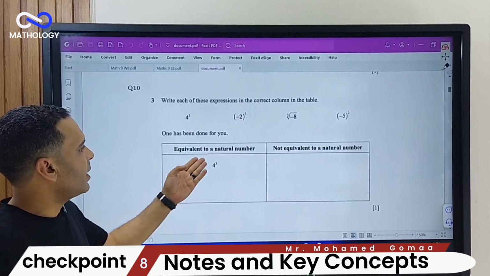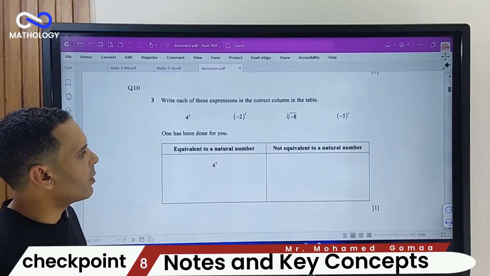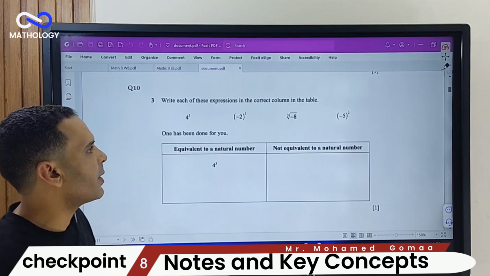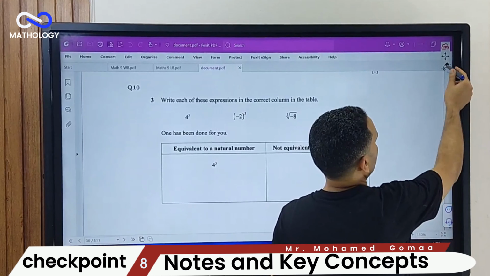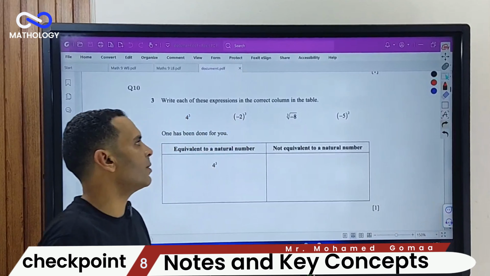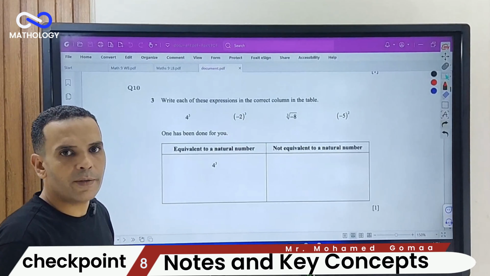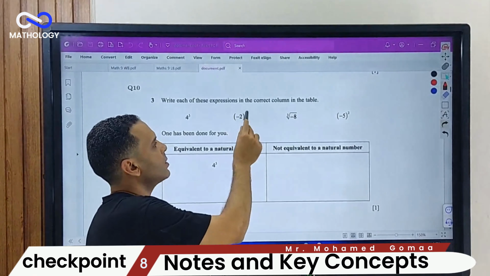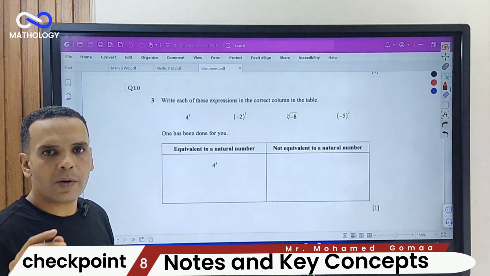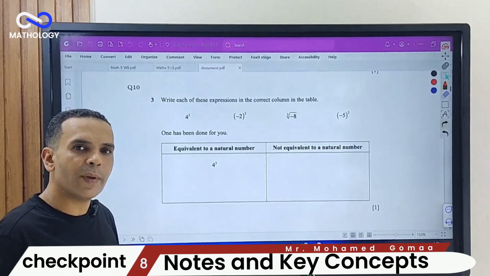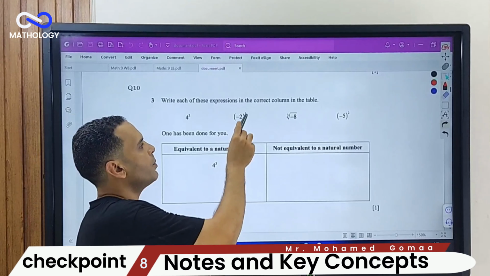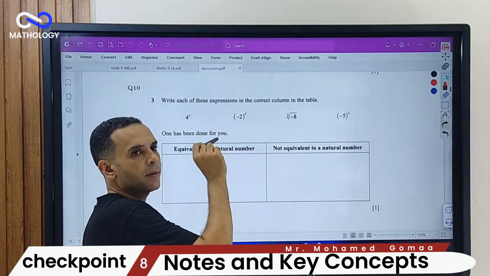4 power 3, is it equivalent to natural numbers? 4 power 3 equals 64, natural, because it's a positive whole number. Negative 2 to power 3, this power is odd. If you have an odd power and a negative base, the result will be negative. The odd power keeps the negative sign.